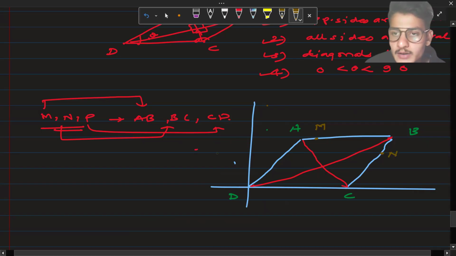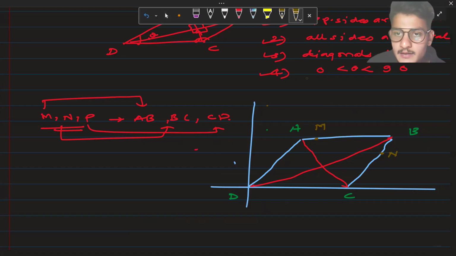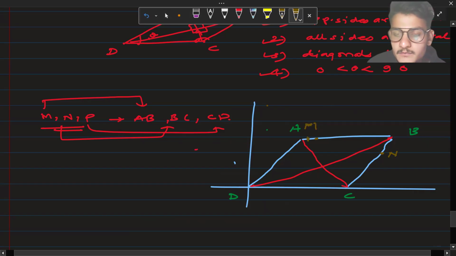M will be more close, very close to A, because 1/12 is very less. And N will be somewhat far away from B because it's 1/5, which is greater.